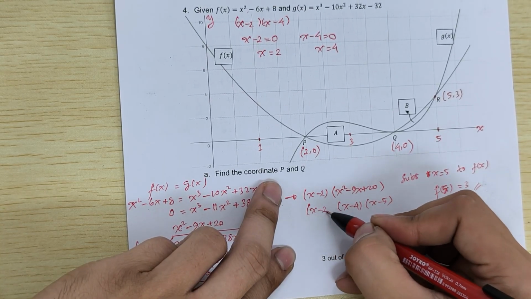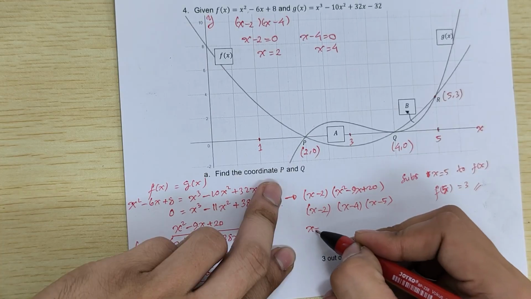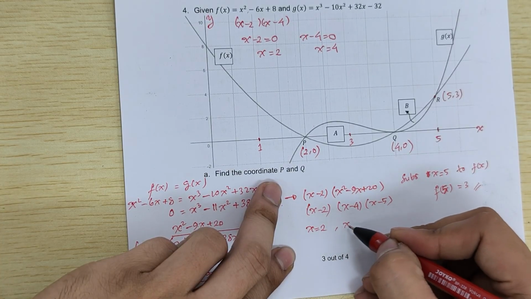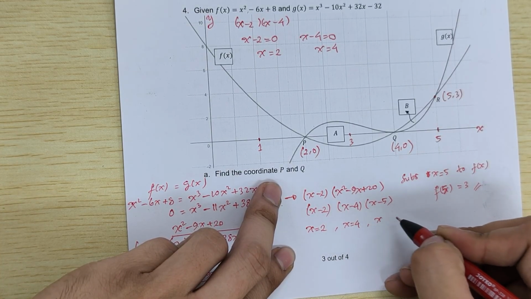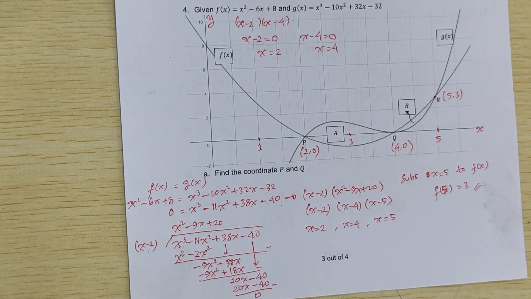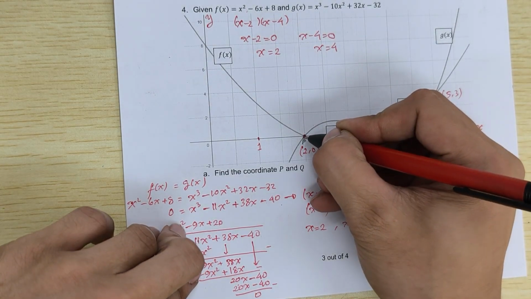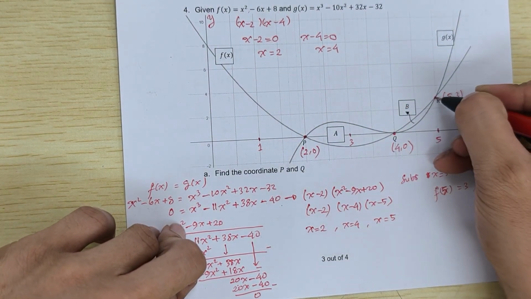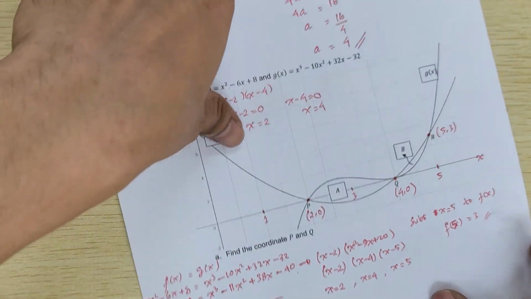Well, we already have x minus 2. So here we have x equals 2, x equals 4, and x equals 5. That is another way on how to find the intersection points. Okay.